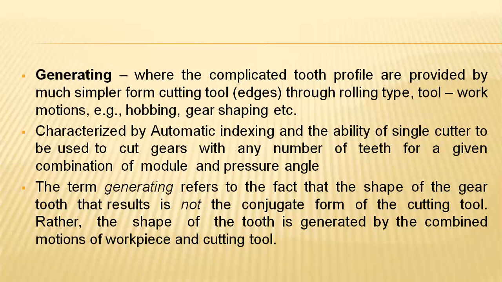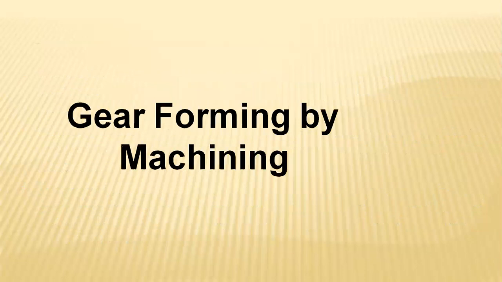Even if the shape of the tooth is generated by the combined motions of the workpiece and the cutting tool, the result that will be generated is not the conjugate form of the cutting tool. That's the generating form of manufacturing the gears, and its profile lies in between the addendum and dedendum circles of the external diameter of the objects.